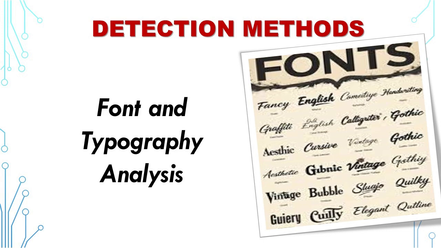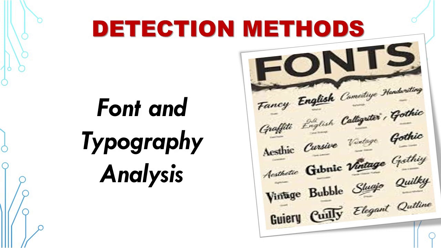In a printed document, every font used in creating the document has a date of release, and that date of release can be used to determine the time when the document was created.